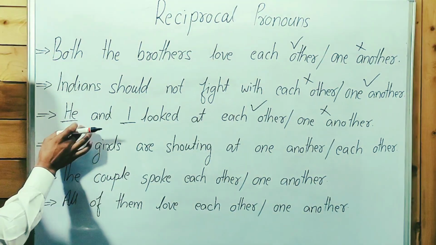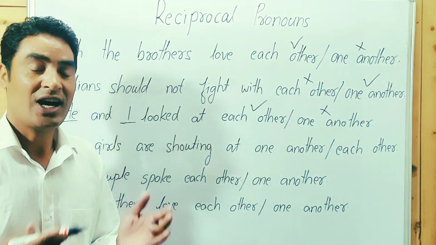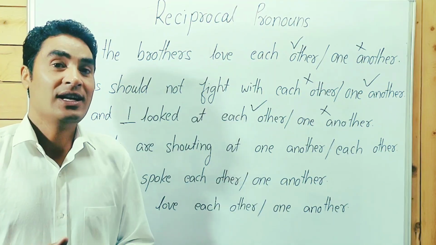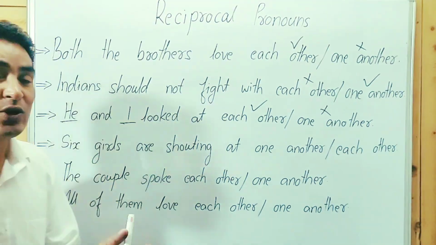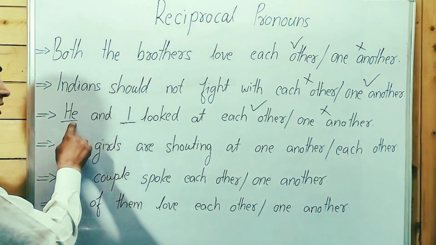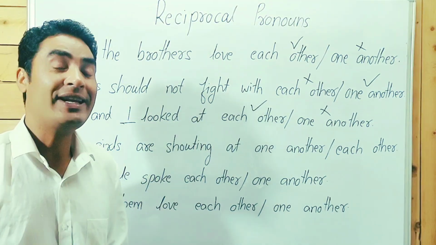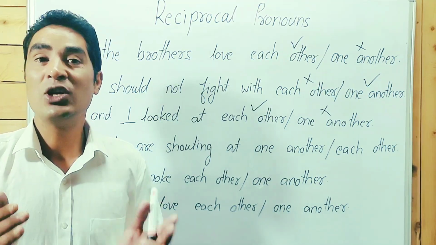So guys, I hope you know about the sequence of pronouns, the order of pronouns. When two or more different pronouns are used together in a sentence, we use them in a sequence of 1 2 3 and 2 3 1. When do we use 1 2 3 and when do we use 2 3 1?